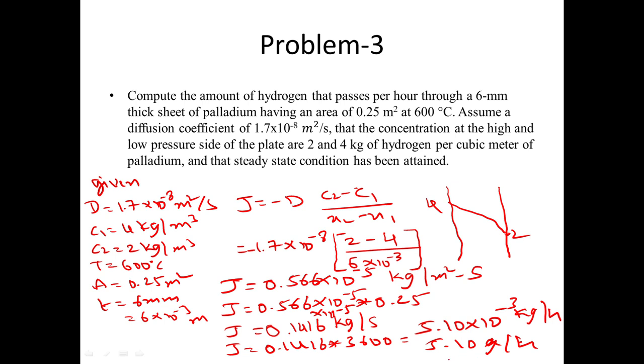So these many grams of hydrogen are diffusing through this thickness of sheet for 1 hour when we are maintaining the temperature of 600 degrees Celsius.